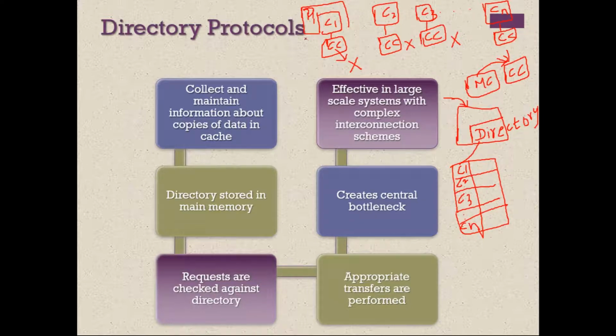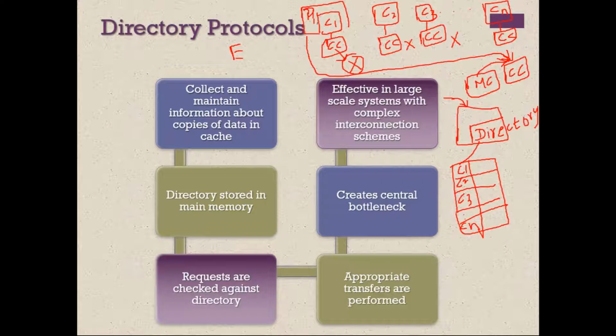So the processor will place a request to the cache controller: I want exclusive access to x. Exclusive means I should only access x, nobody else should access x. That is what is called exclusive access.